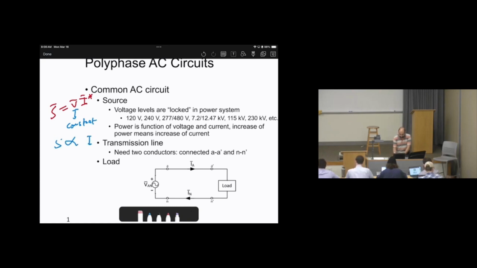Let's talk about the magnitude. Yes, that's what we have in the math. When we increase the amount of power, this means we will increase the amount of current. The current is changing depending on the load. The load in the morning is not the same as in the afternoon, not the same at noon, not the same in the evening, right? It's changing.